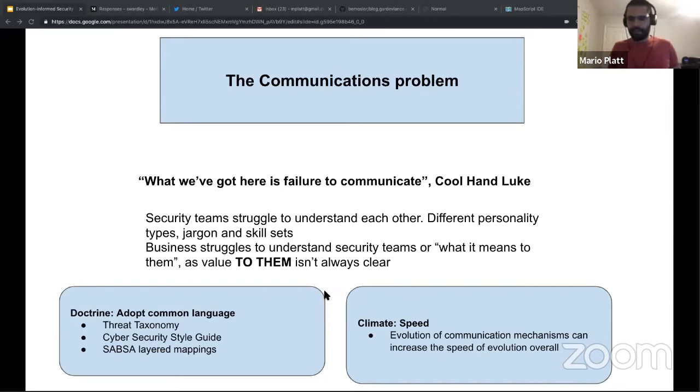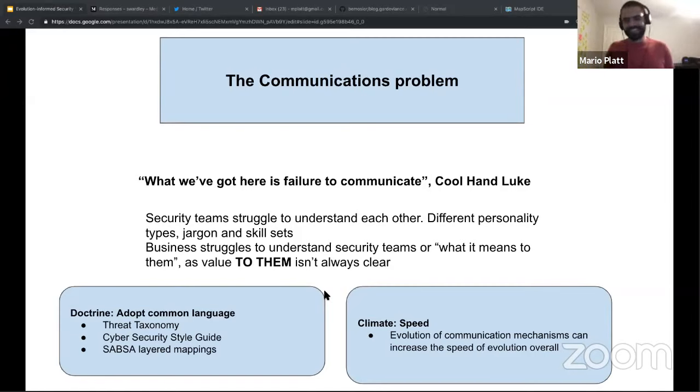So in terms of the communications problem, I quite like cowboy movies, etc. In a film called Cool Hand Luke, a nice section of it is when the prison chief says, "What we've got here is a failure to communicate," after hitting Luke in the head. Right? It wasn't before; it was after he hit him in the head, which I think illustrates a lot of what InfoSec people sometimes feel they're getting from their organizations.